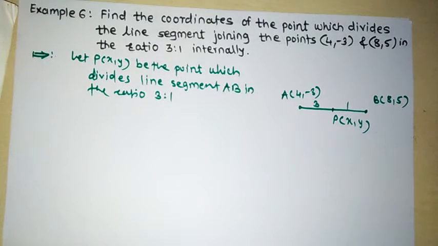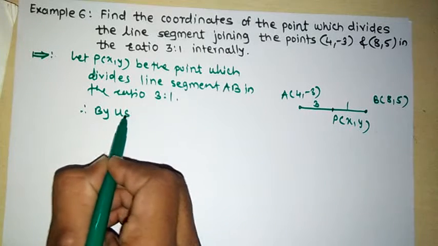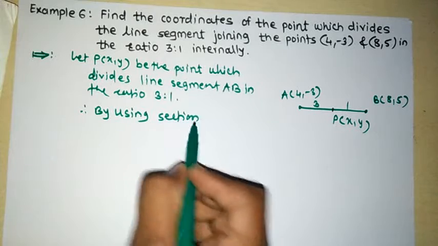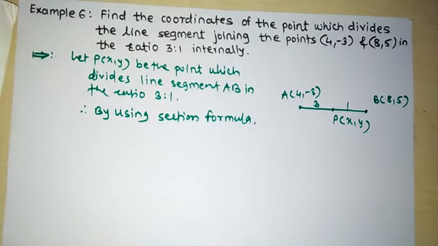Therefore, by using the section formula, we have to apply the section formula to find the coordinates of the point P.